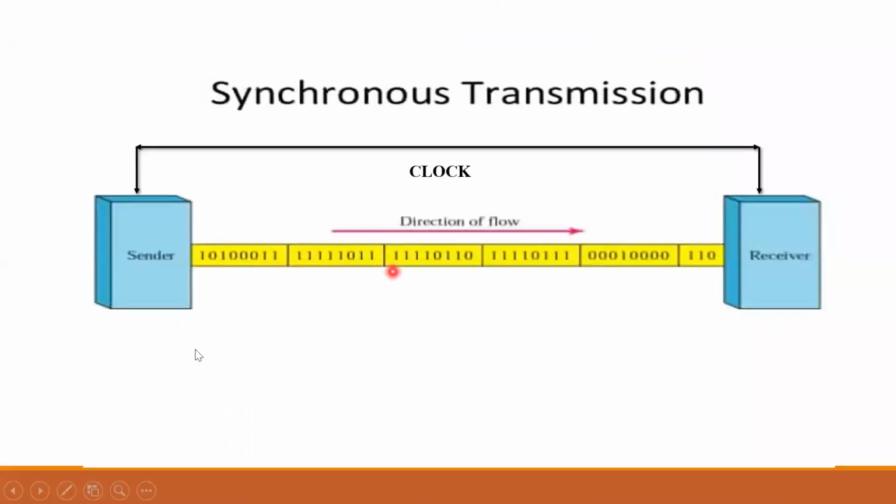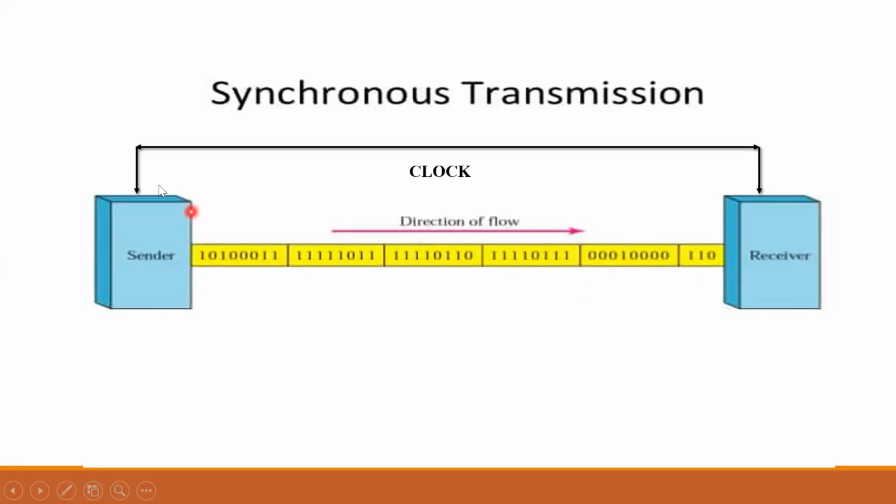You can see the diagram here, where you have a sender and a receiver, and some data to be transferred from the sender to the receiver. The data is transmitted in the form of chunks, and the direction of flow is the same.